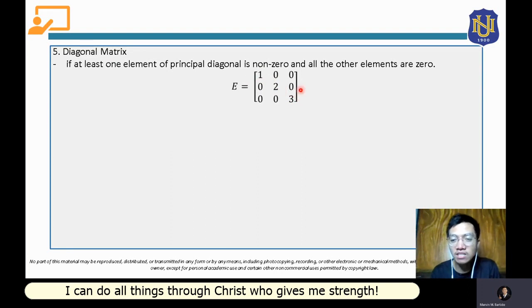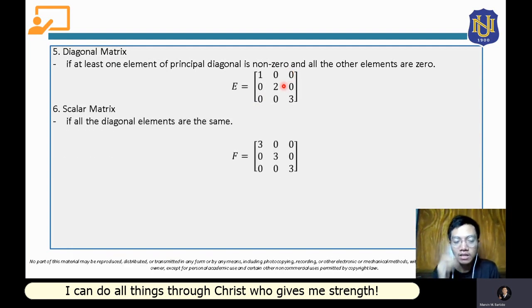Also, class, only square matrices have a principal diagonal. So rectangular matrices have no principal diagonal. Again, this is the principal diagonal, and for a diagonal matrix, at least one of the elements of this principal diagonal should be non-zero, and all the other elements should be zero. These other elements should be zero for you to say that this is a diagonal matrix.